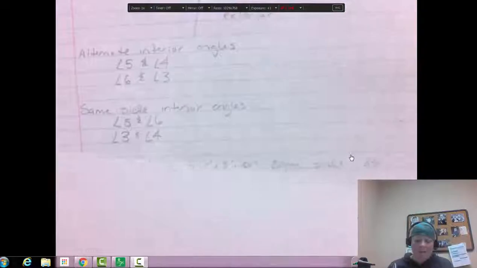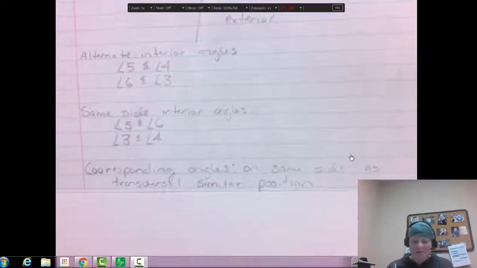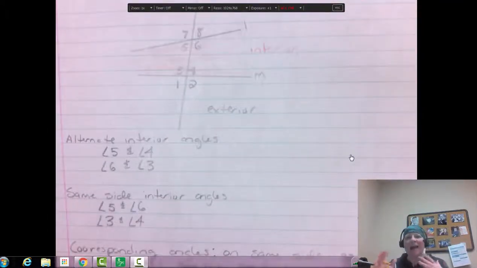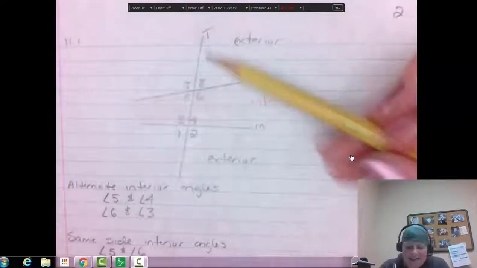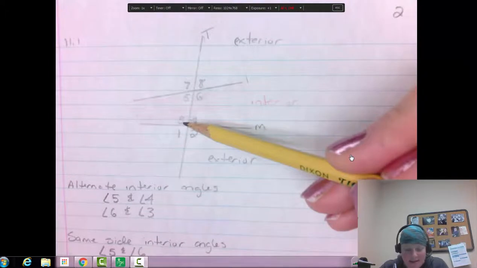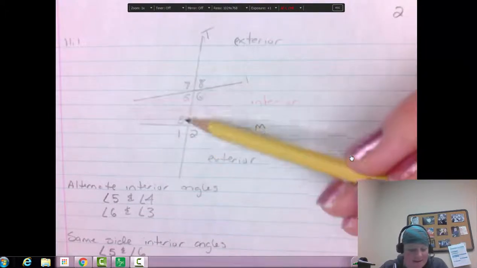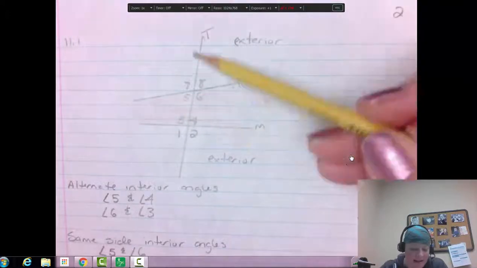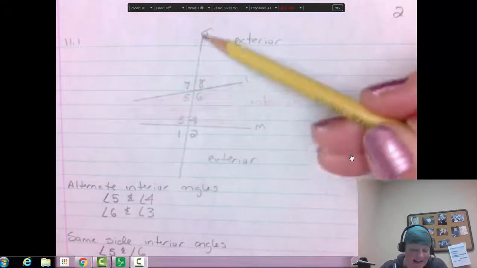So the next, and one more: corresponding angles, on the same side of the transversal. Corresponding angles is kind of code for they're in the same spot as the other one. So if we look at 7 and 3, these are both in the same spot on the lines and on the same side of the transversal.